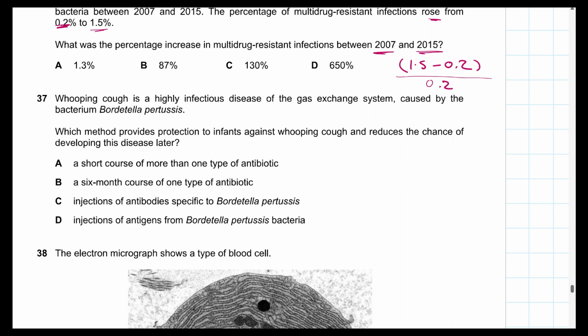And this is going to be the percentage change formula. So 1.5 minus 0.2 is going to give us 1.3. Now 1.3 divided by 0.2 is going to give us 6.5. Now, we want to multiply this value by 100, so 6.5 times 100 is going to give us 650% change. Therefore, the answer is going to be D.